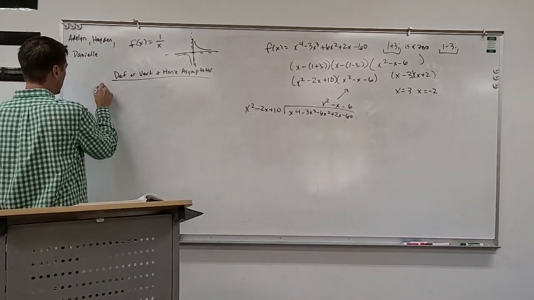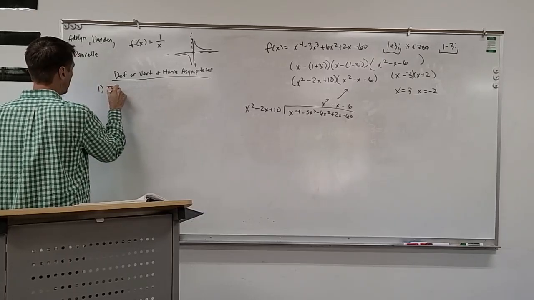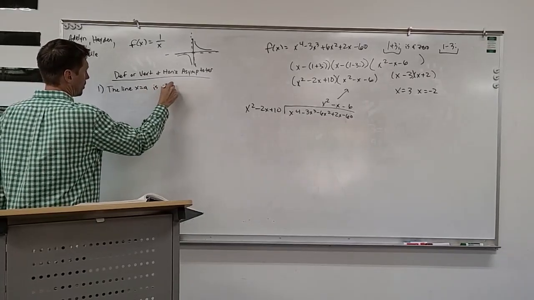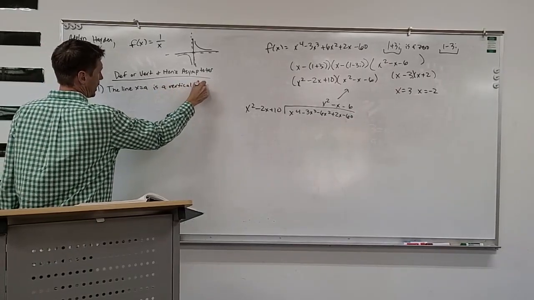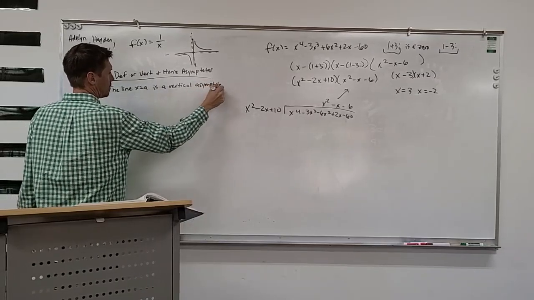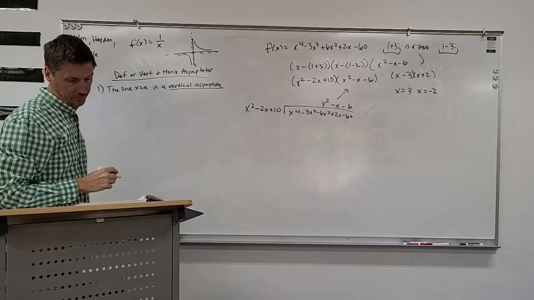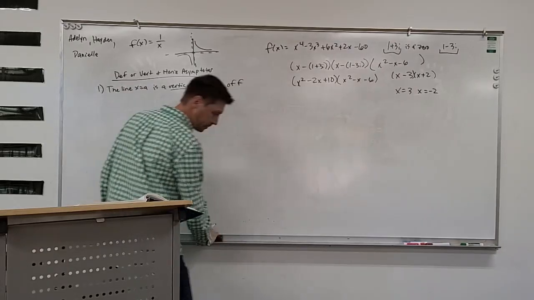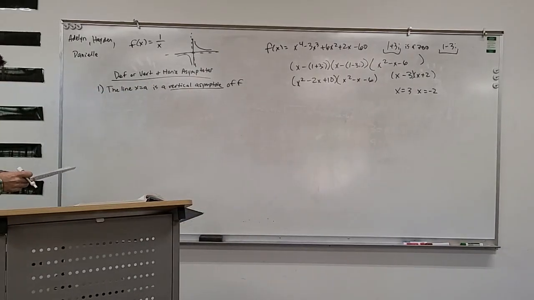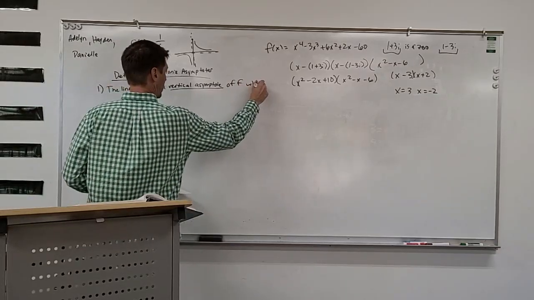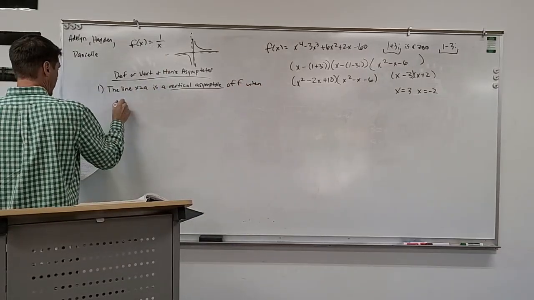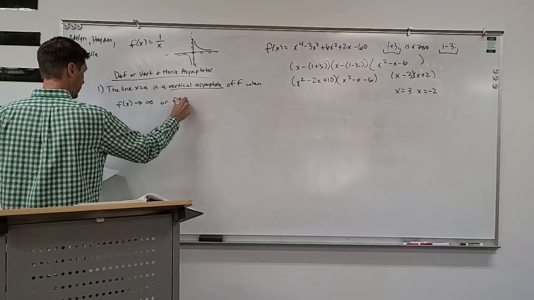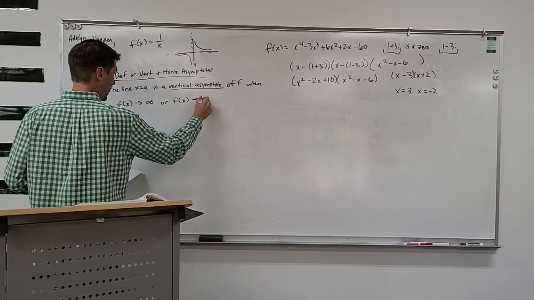And the definition says the line x equals a is a vertical asymptote of f when, as f of x approaches infinity, or f of x approaches negative infinity.